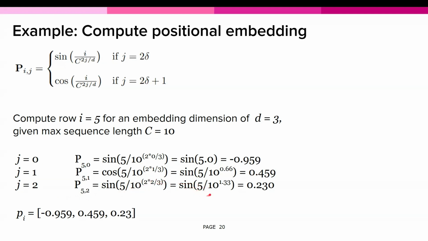So that would be sine of 5 over 10 to the 1.33 repeating, and that works out to be roughly 0.230. So putting it all together, row 5 in the position matrix is going to be negative 0.959, 0.459, and 0.23.